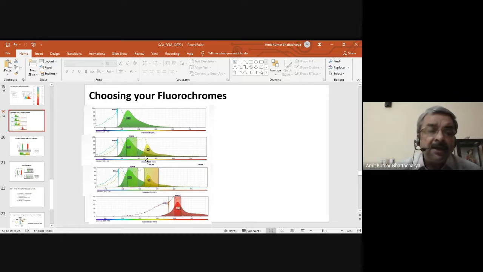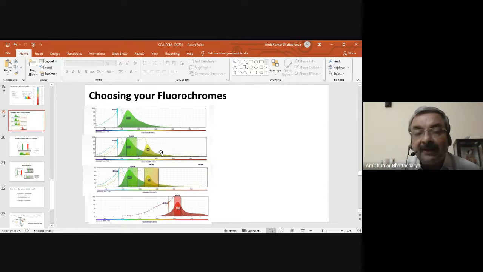Which means if you had a bright dye, even after compensation you would still have sufficient residual signal after subtraction. But if it was a weak dye, then the entire signal can almost totally disappear.